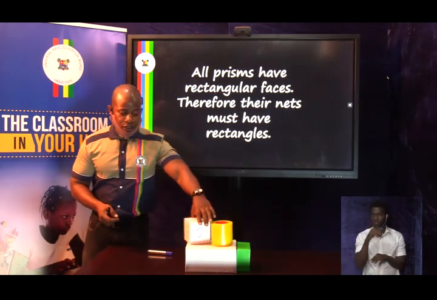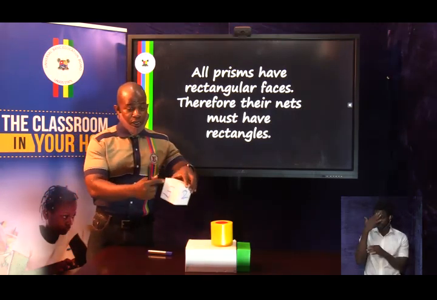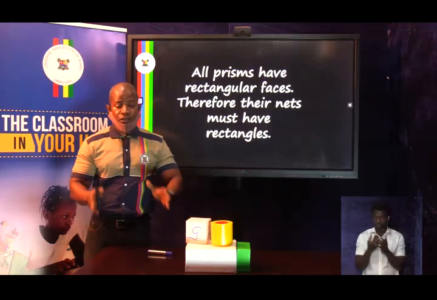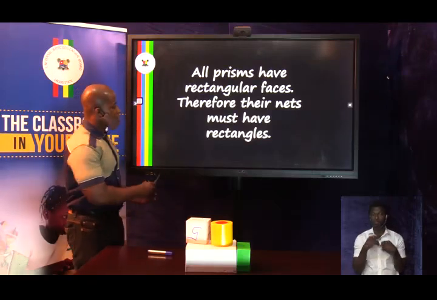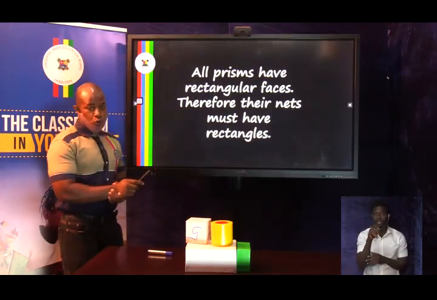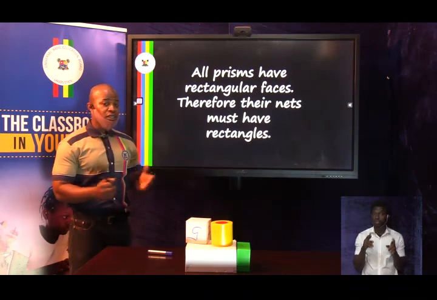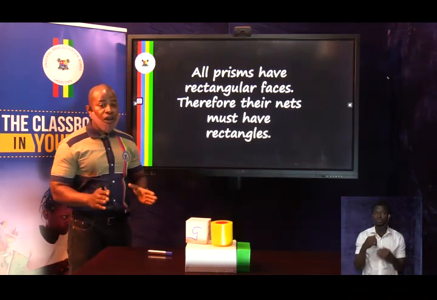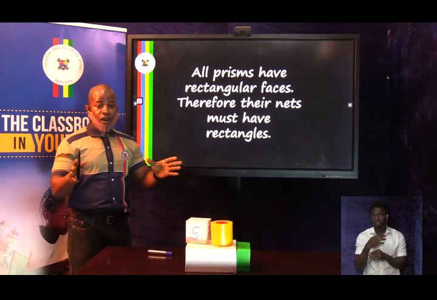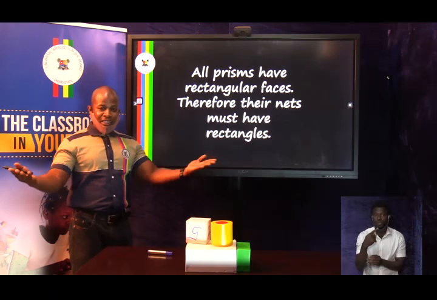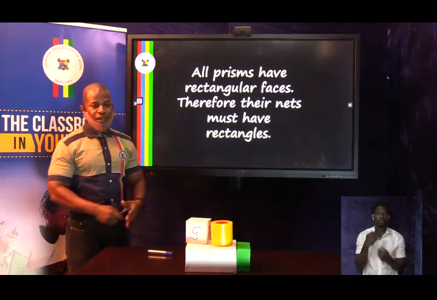Now, all prisms will have rectangular faces. You forget that a square is a type of rectangle. All prisms have rectangular faces. So since they have rectangular faces, when you unfold them, the net will also contain some rectangles.